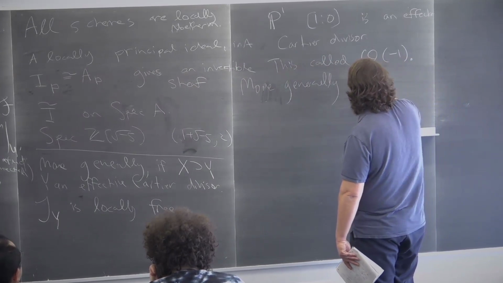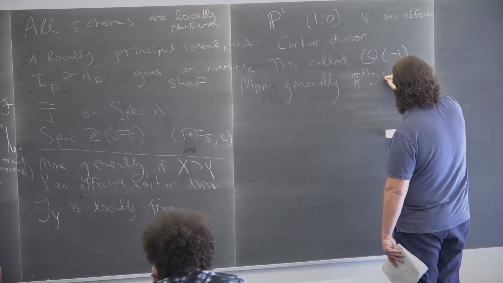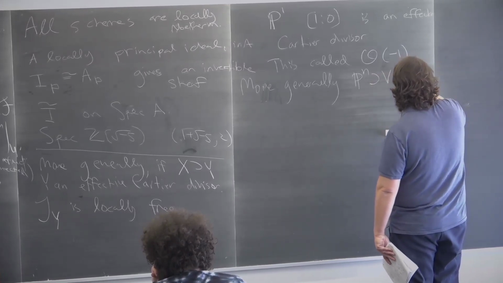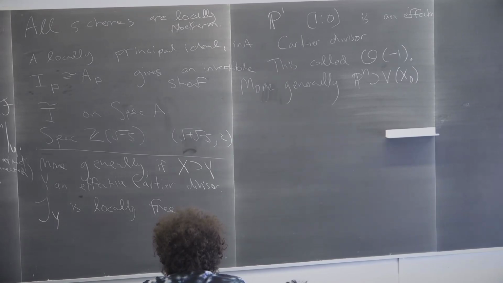Right, on Cn, I have a subscheme called V of x0, or I could take V of any of the other x's.